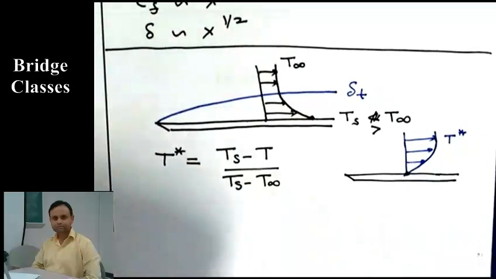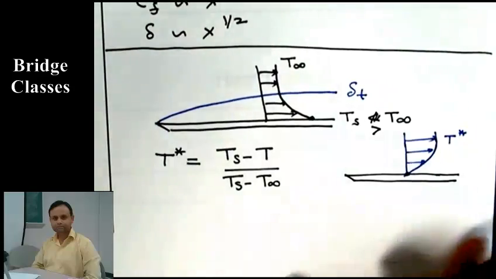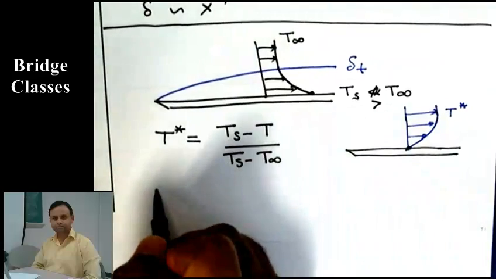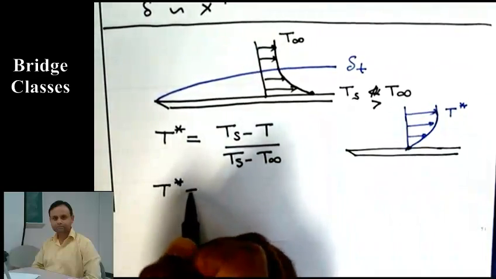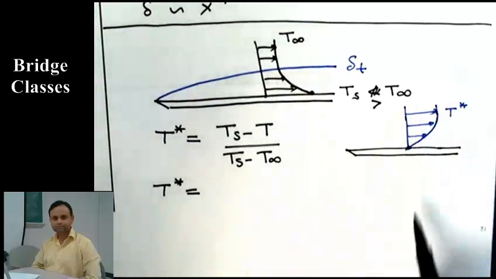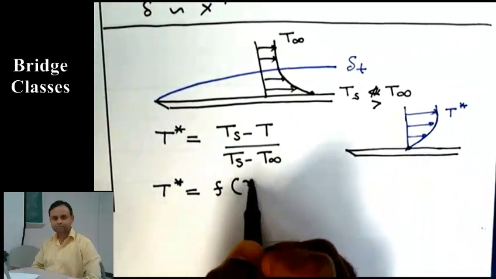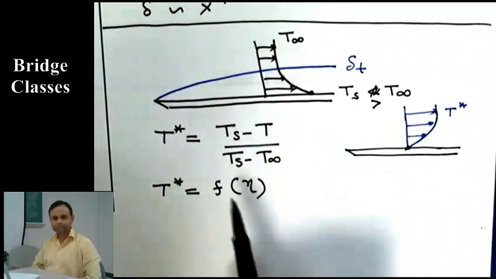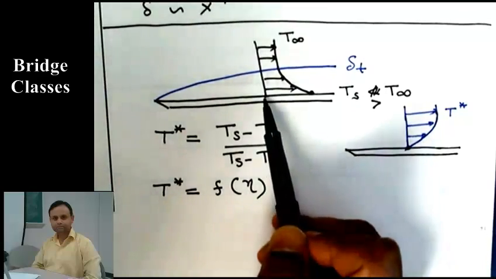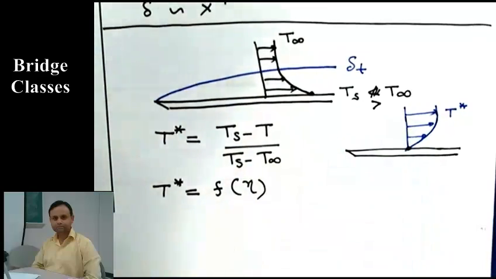So you can say that the profile for T star, which goes from 0 to 1 within the boundary layer, is also some function of eta, just like velocity.